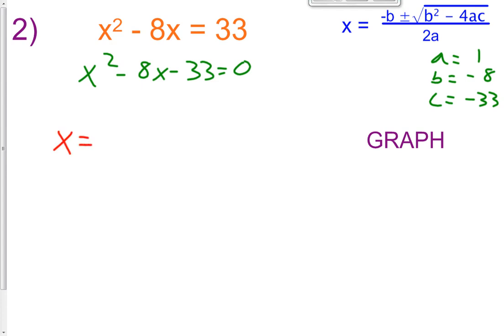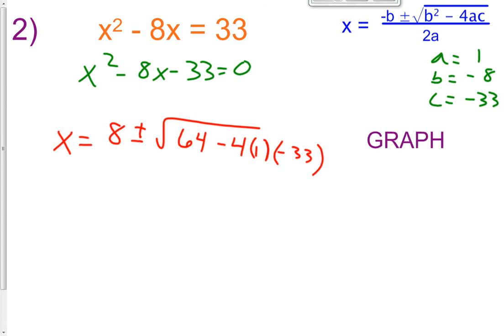x equals negative 8, which is positive 8, plus or minus the square root of b squared, which is 64, minus 4 times a times c, all over 2a, 2 times 1.